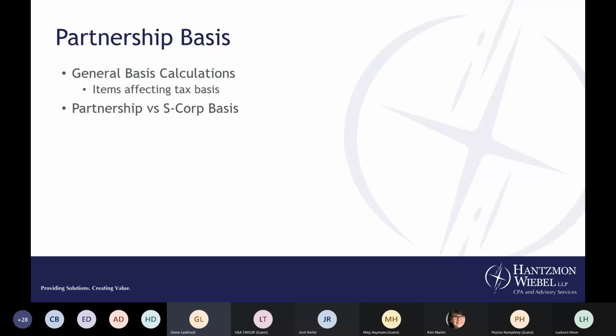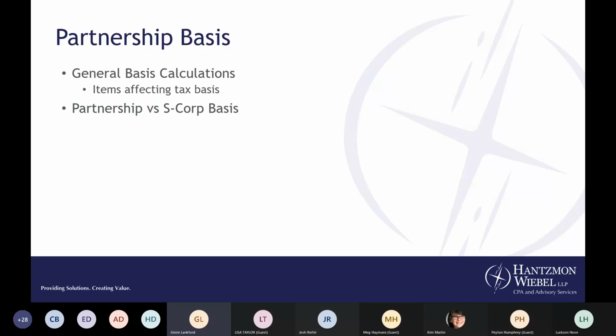The ordering can actually be important though, and the way it actually works is your basis is increased by contributions of cash or other property, and by income or gains, including tax exempt income, and then from there you deduct distributions of cash or other property, and then deductions and losses, and that can have the effect of limiting the ability to deduct losses in a partnership, because you're reducing your basis by distributions first.